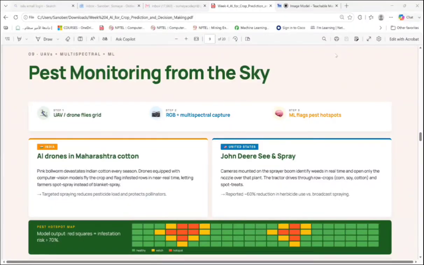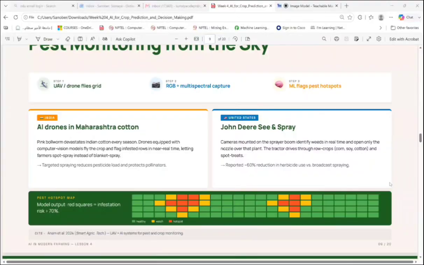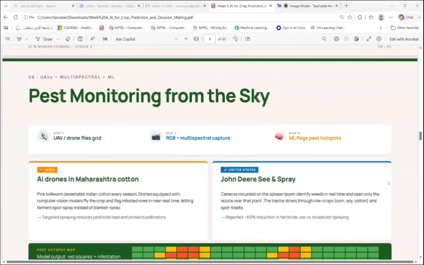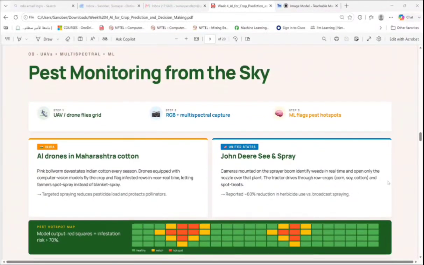So a drone can fly over the field and collect RGB images. What is RGB? Can anybody tell me? Red, green, blue. Absolutely, excellent. Those are called red, green, blue or multispectral images.